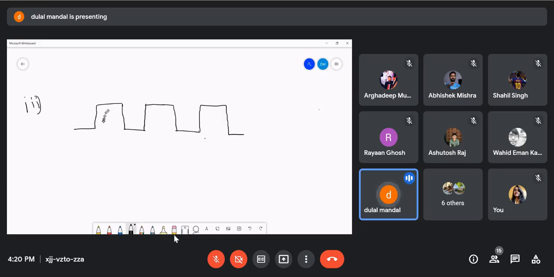So this is the square thread. Now this is the knuckle thread. Knuckle means it looks like a knuckle. We'll probably do the knuckle joint later on. That means make a round of this portion, so it will look like a semicircle on the top.